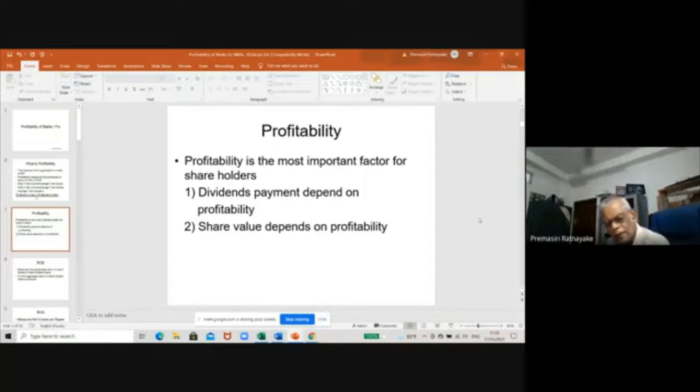At the same time, when there is high profitability, there will always be new shareholders seeking to buy the shares. When profitability is reduced, the demand from new shareholders for the share will reduce. So the price of the share, or share value, will depend on the profitability.